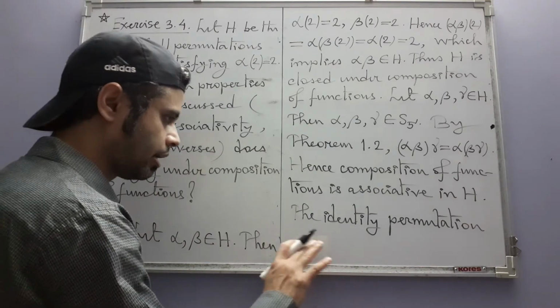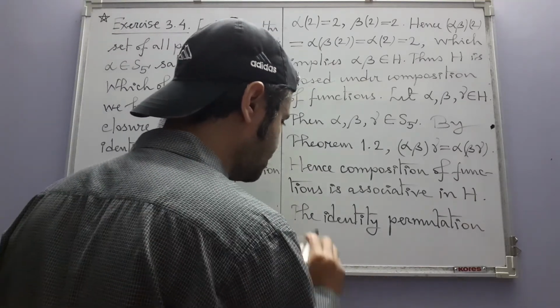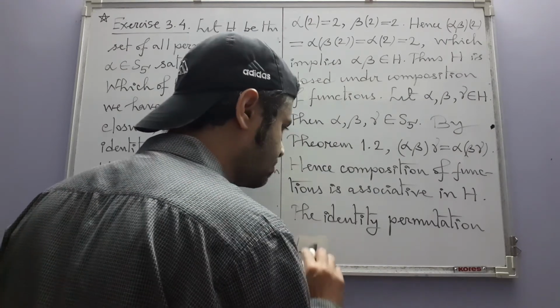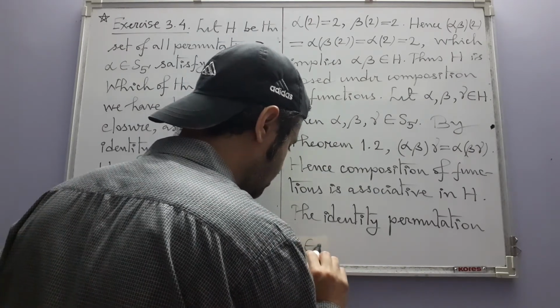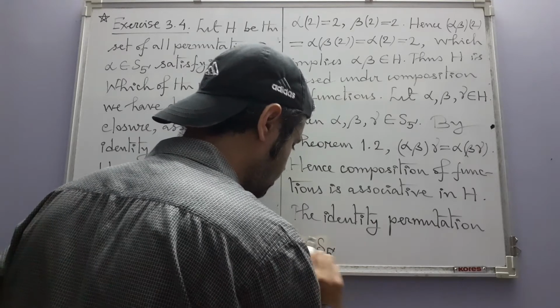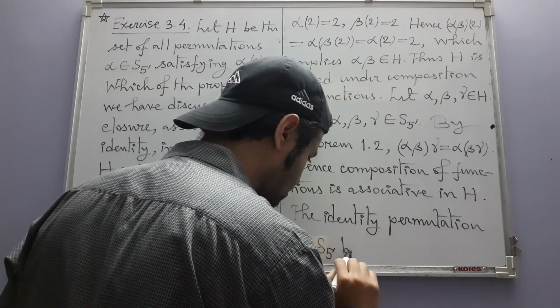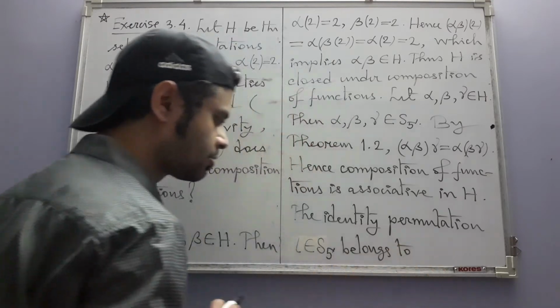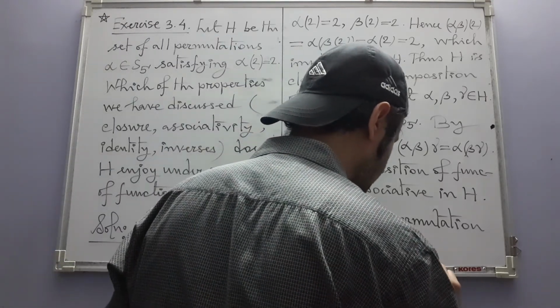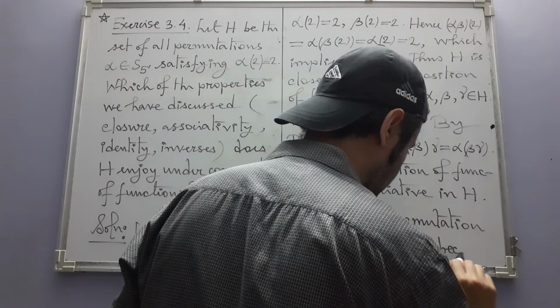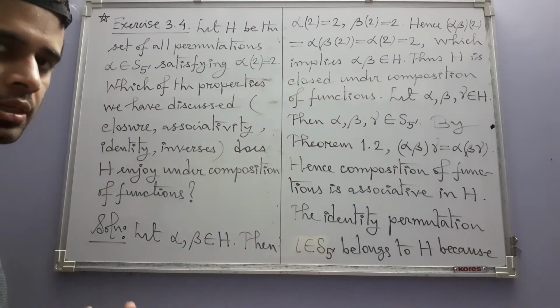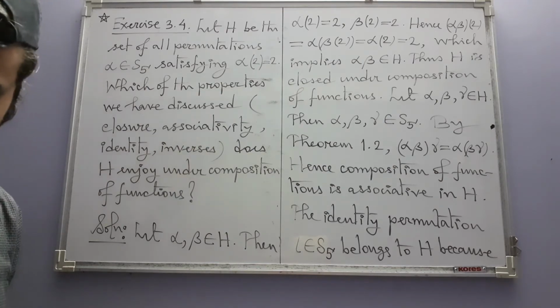Okay, I'm just going to write any symbol. The identity permutation, let me just write iota, belonging to S5, belongs also to H, because it fixes, in fact it fixes everything, so it fixes 2 also.